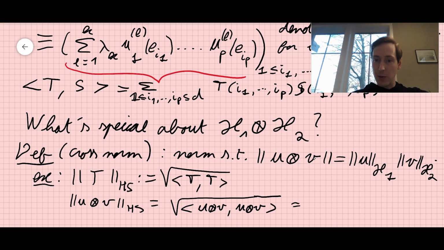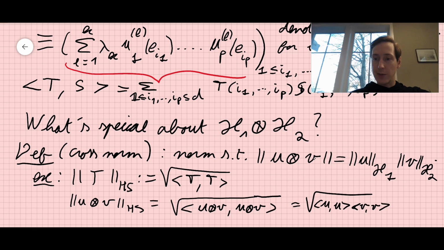So this is equal to the square root of the inner product of U with U times the inner product of V with V, in H1 and H2. But these are exactly the definitions of the Hilbert-Schmidt norm in H1 and in H2. So this is the norm of U in H1 times the norm of V in H2.